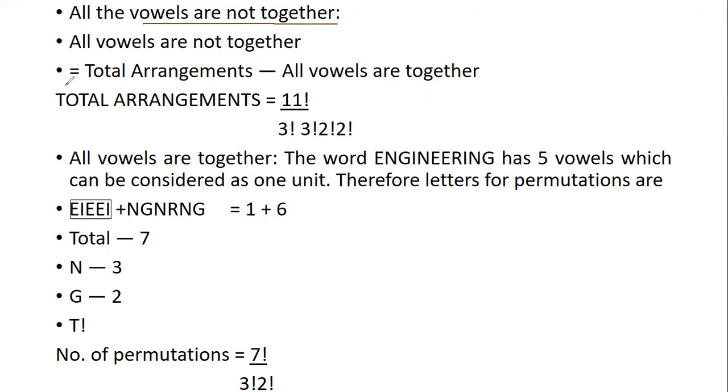I can come up with a formula for all the vowels are not together. What is that formula? Total arrangements minus all the vowels are together. If I subtract all the vowels are together from the total number of arrangements that I have, then I will get all the vowels are not together.